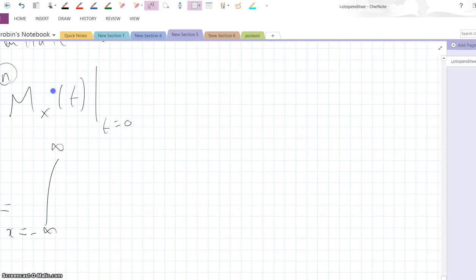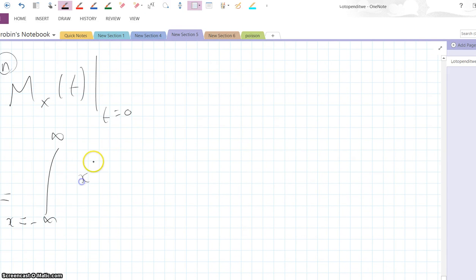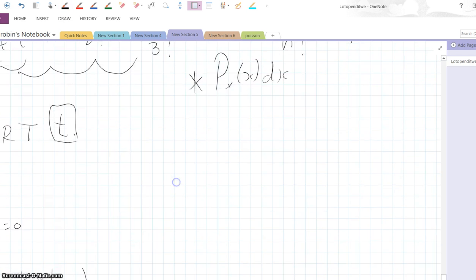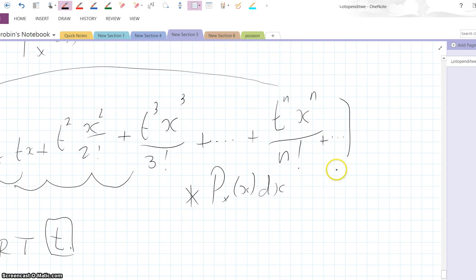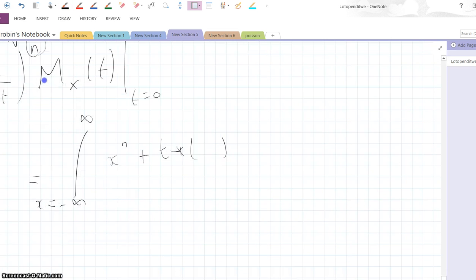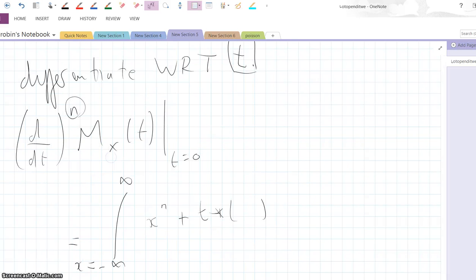So we've got x to the n plus t times the next one in the series. I guess the next one is going to be t to the n plus 1 x to the n plus 1 over n factorial. But I couldn't care less what that is, because I'm evaluating this beast at t equals 0.